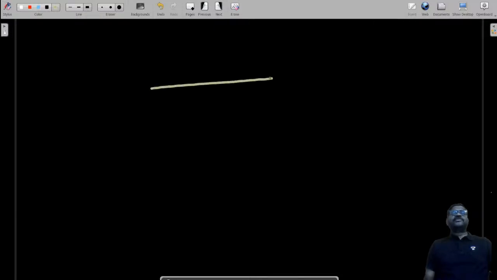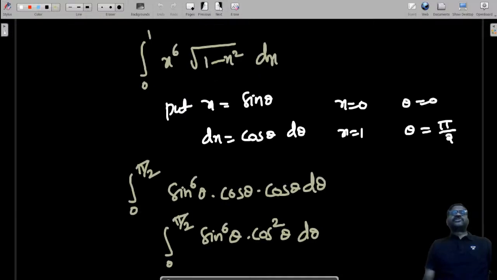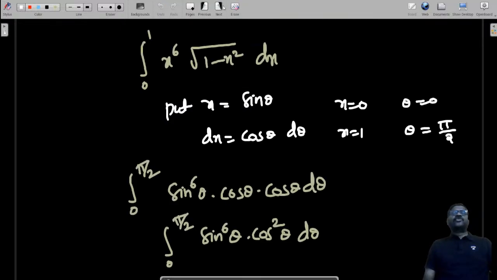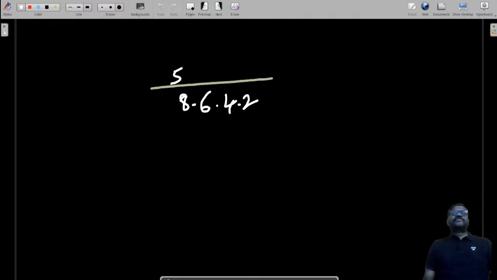Apply Wallis rule. Denominator starts with 8, 8 6 4 2. Numerator starts with 5 3 1 into 1.